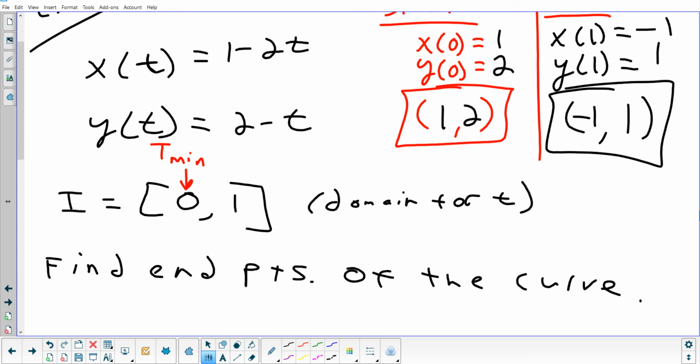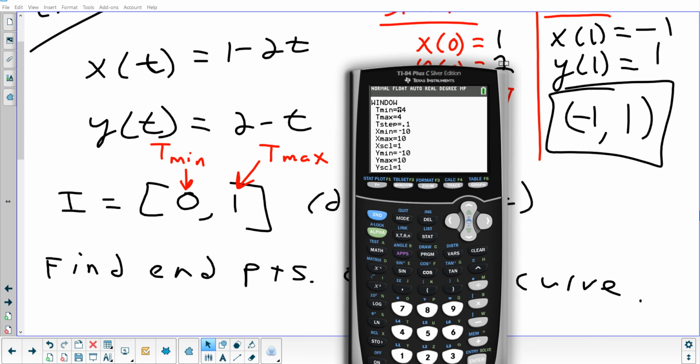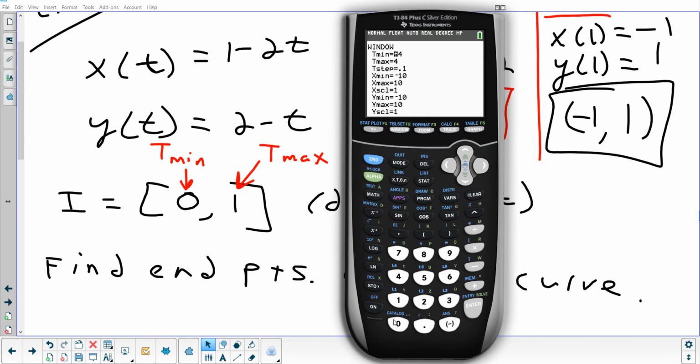It's the t min. This controls the highest value. This is called the t max. So we have to put those in. T min is 0, T max is 1.